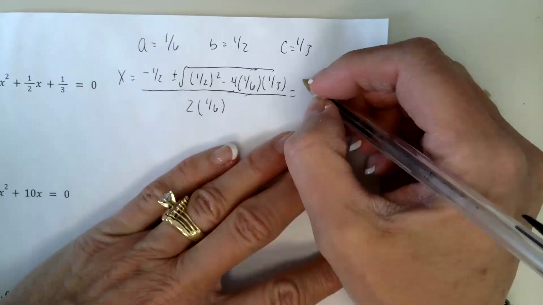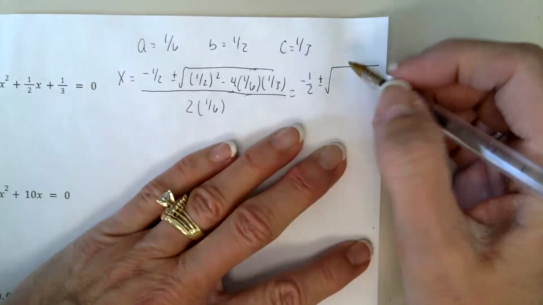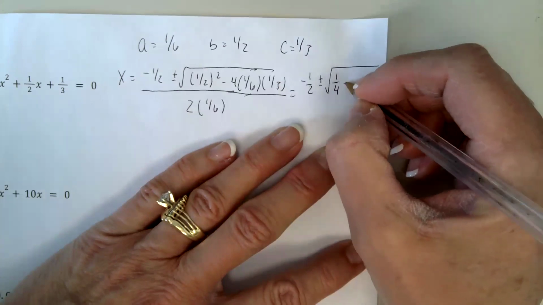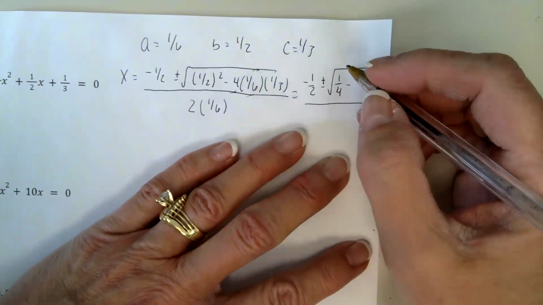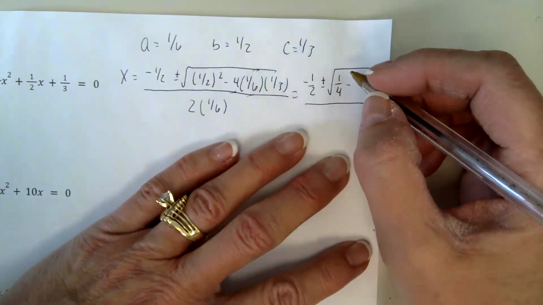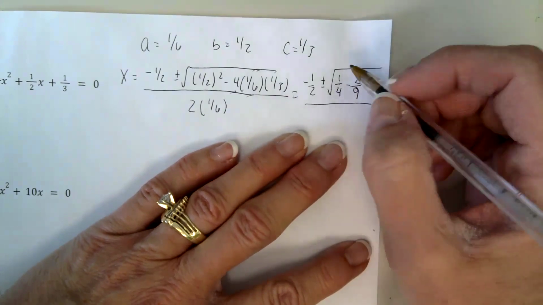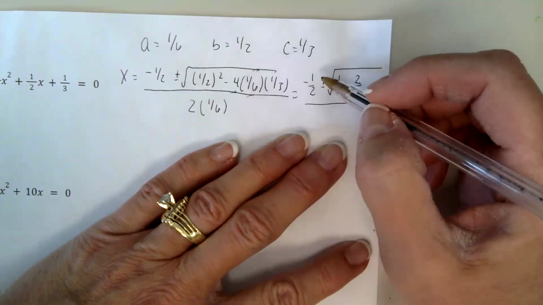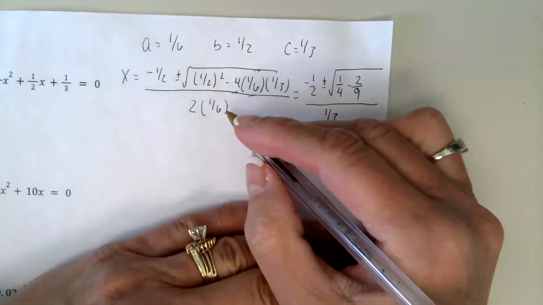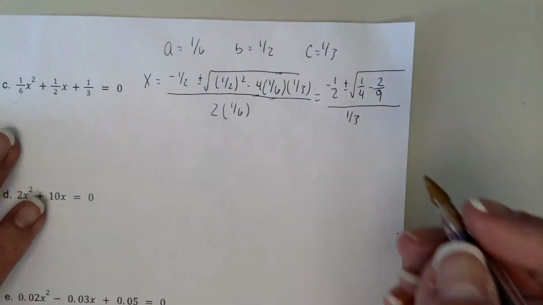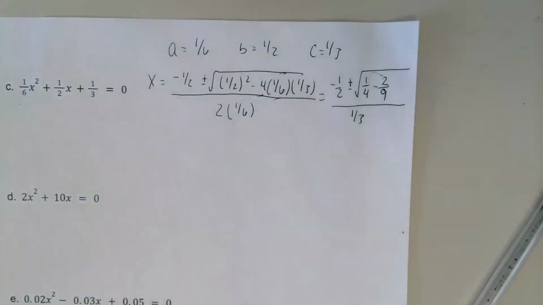So we have a negative 1/2 plus or minus the square root of 1/2 squared is 1/4 minus 4/18, which is 2/9, all over 1/3. 2 times 1/6 is 1/3. Okay, so we have to subtract fractions here under the square root.